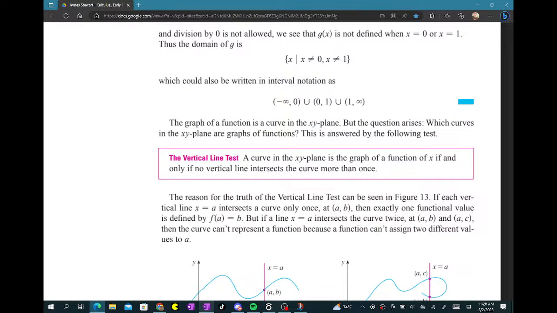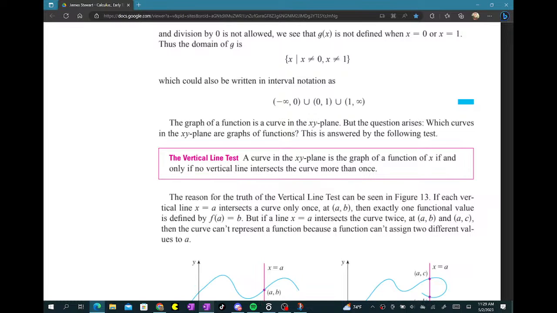The graph of a function is a curve in the xy plane, but the question arises, which curves in the xy plane are graphs of functions? This is answered by the vertical line test. A curve in the xy plane is the graph of a function of x if and only if no vertical line intersects the curve more than once. It says the reason for the truth of the vertical line test can be seen in figure 13.